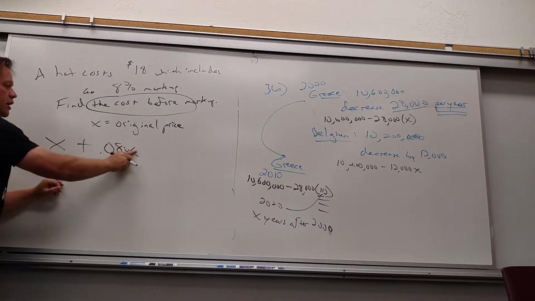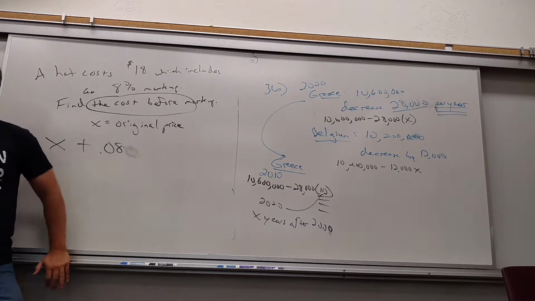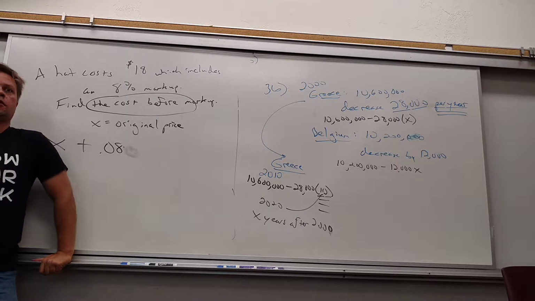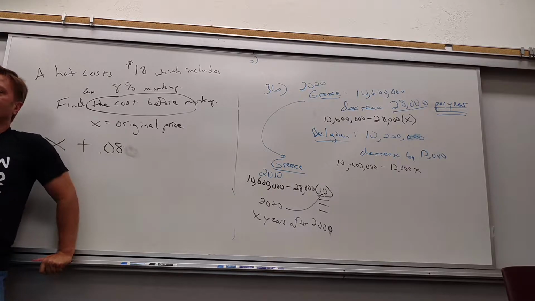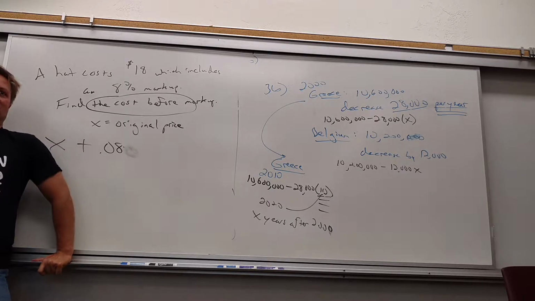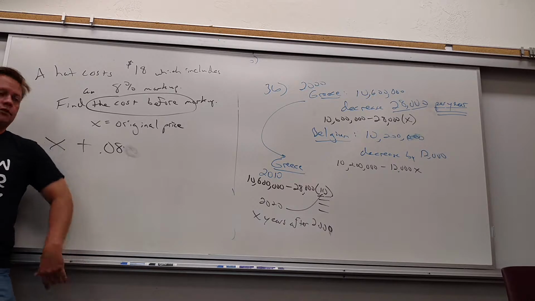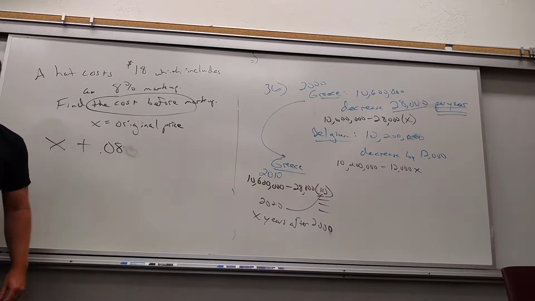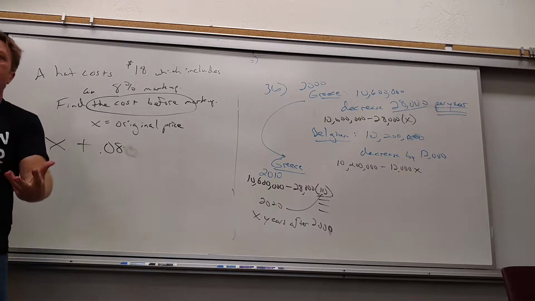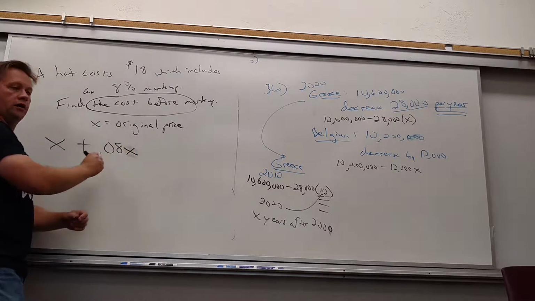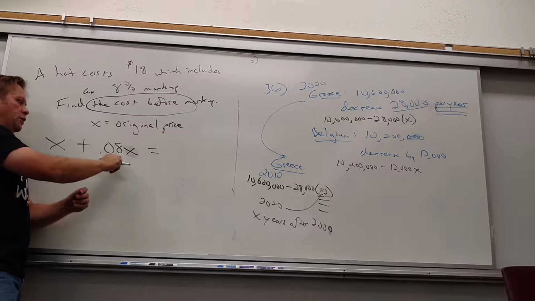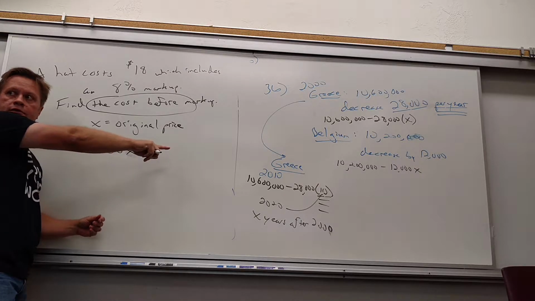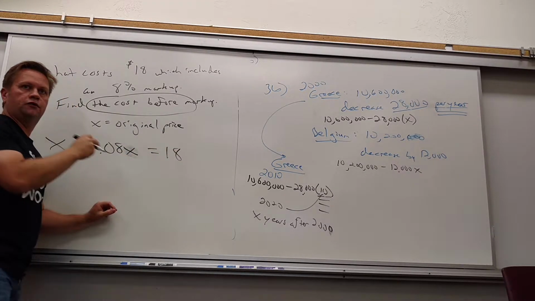If you just write this, you added 8 cents. You ain't staying open long. 8-cent profit. 2 more weeks and I could afford the Sunday paper. So 8% doesn't make a bit of sense by itself. It's got to be 8% of something, of what it was. And where do I end up if I do that? If I take the original and I add 8% of it, I end up at 18, the amount that I sold it for.